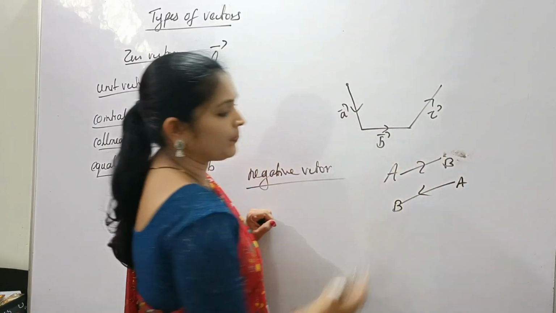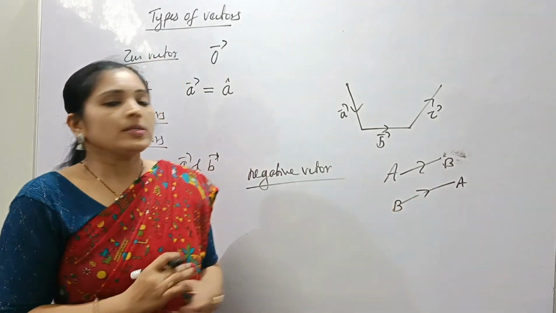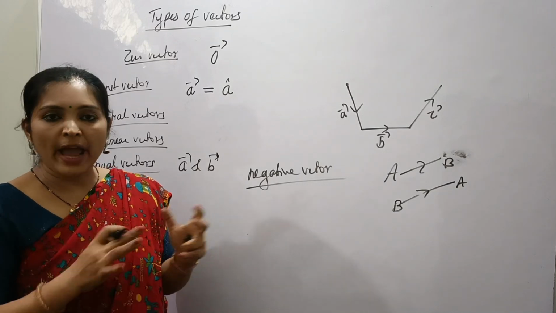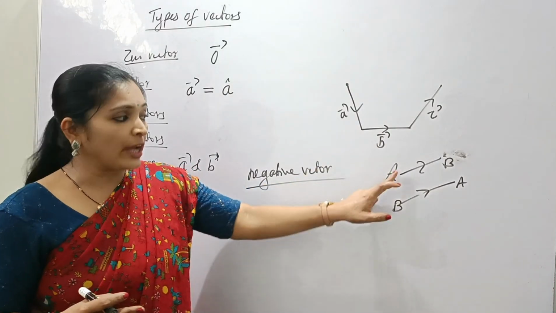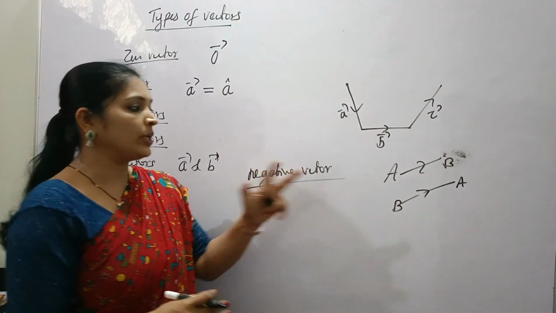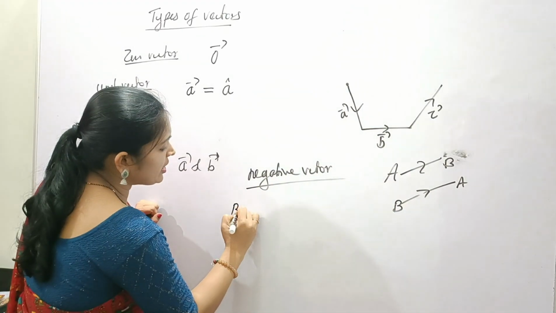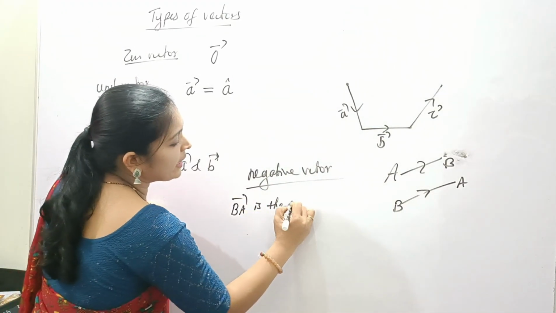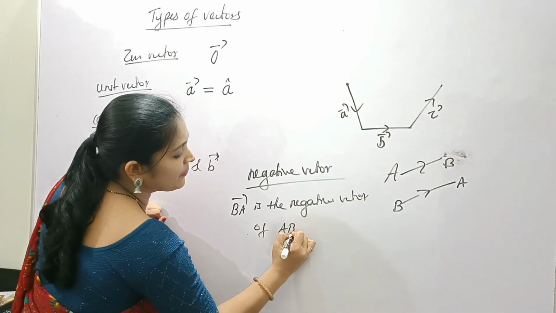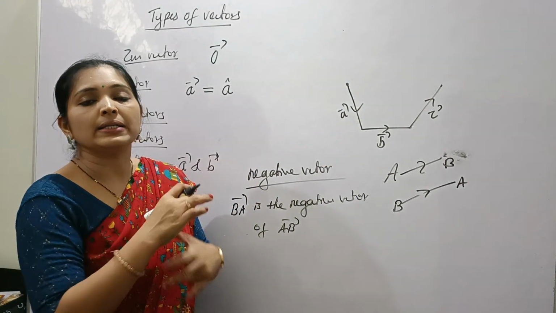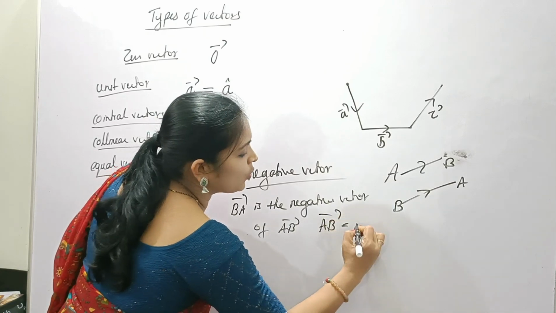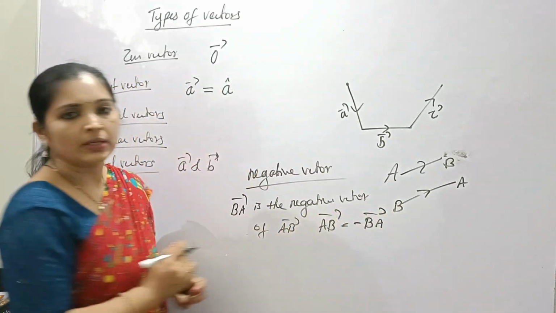The magnitudes of vector AB and vector BA are equal, but their directions are opposite. So we can write that vector BA is the negative vector of vector AB. Its magnitude is the same but its direction is opposite. That means we can write vector AB is equal to minus vector BA.